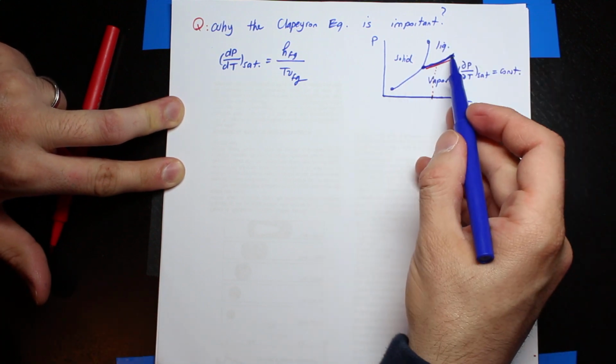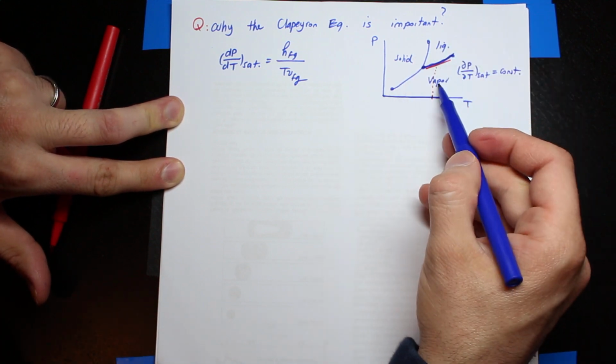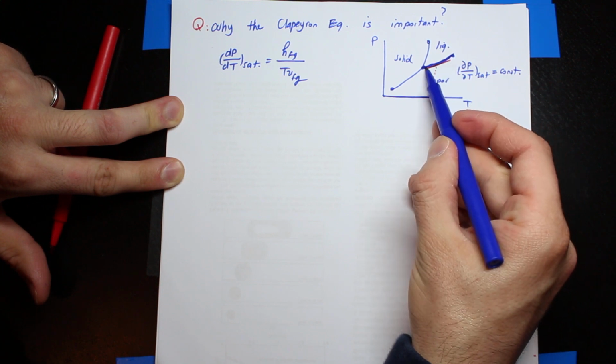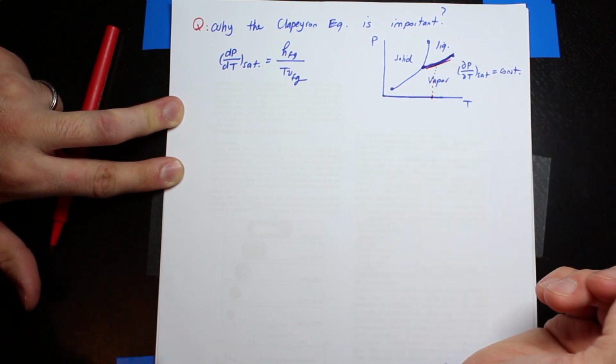By the way, this is for a phase change. You see here on this side we have liquid and here we have vapor. So this blue line represents the phase change.